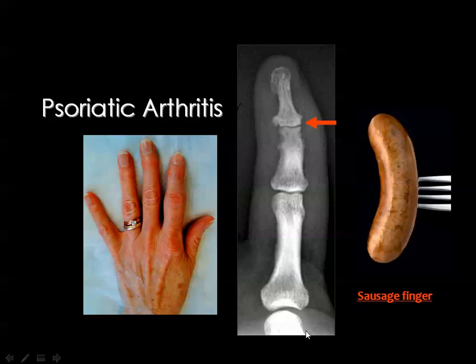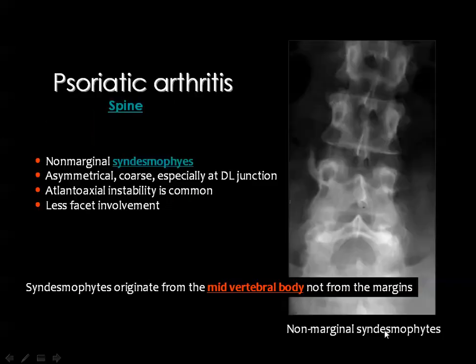One of the well-known manifestations of psoriatic arthritis is what is known as the sausage finger. There is diffuse soft tissue swelling of one of the fingers, associated with erosive changes characteristically in the distal interphalangeal joint, which is a common location for psoriasis. Then you get this appearance which is known as the sausage finger.